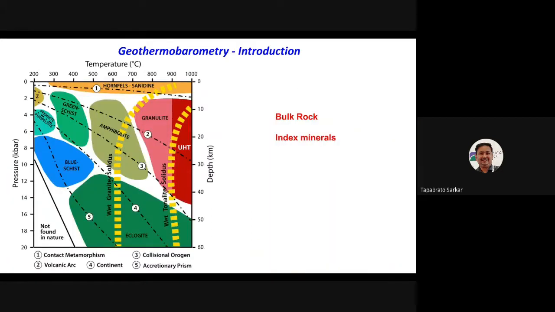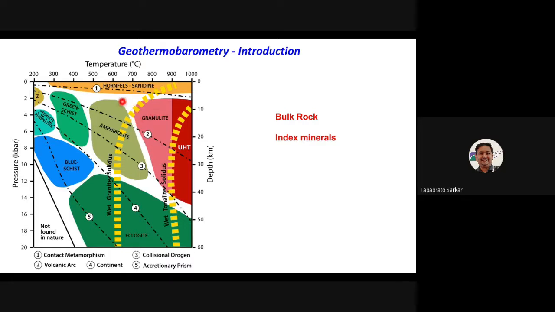One more qualitative way is the PT facies diagram, which we have discussed. It depends on the bulk rock composition as well as on index minerals or mineral assemblages. We can determine, say, that a rock is in the amphibolite facies or the granulite facies.